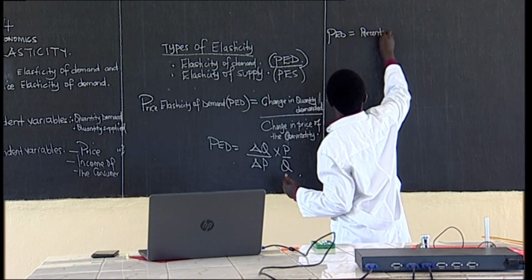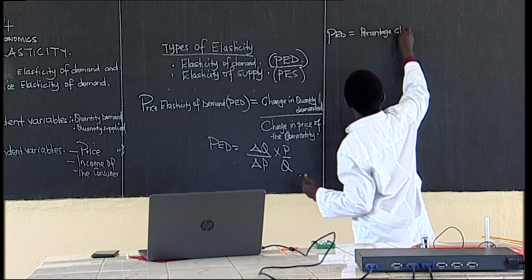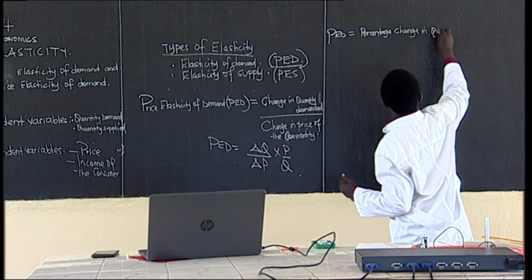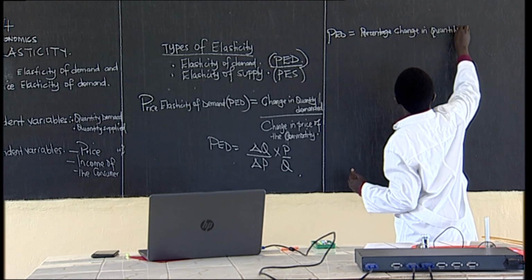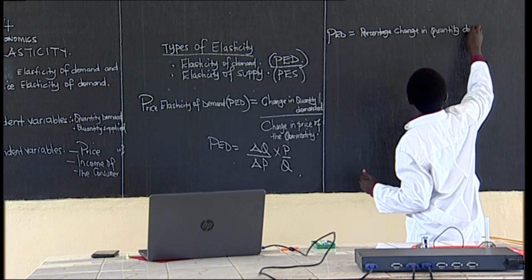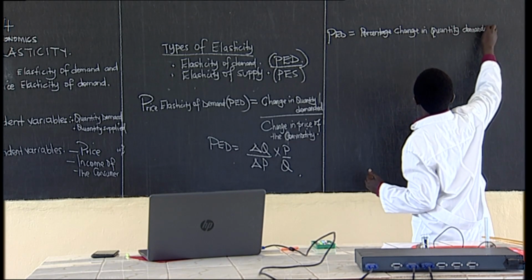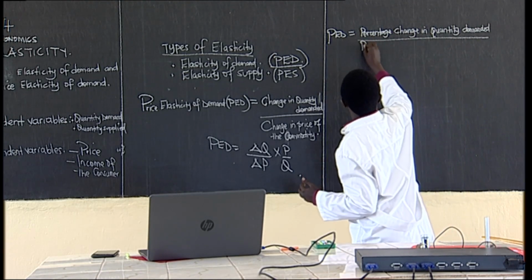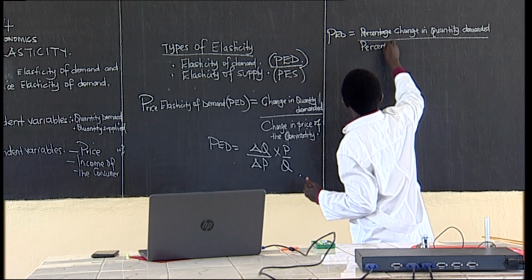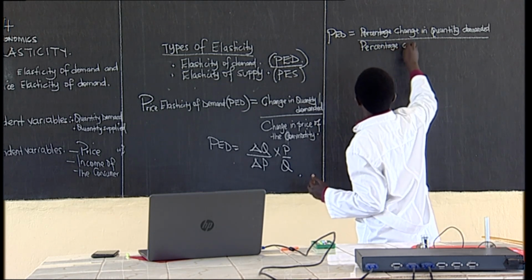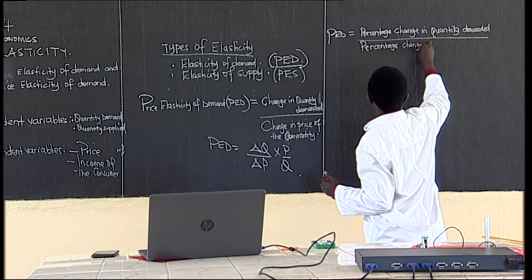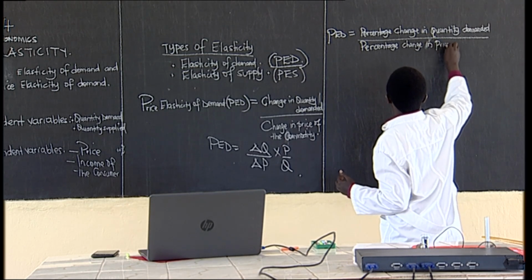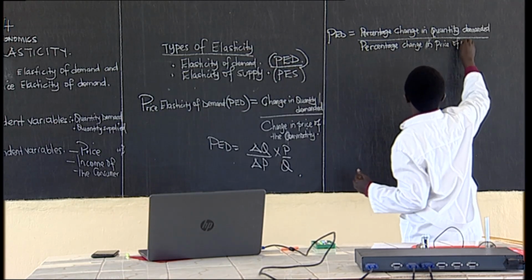You first calculate the percentage change in the quantity demanded of a commodity, then you divide by the percentage change in the price of the commodity.